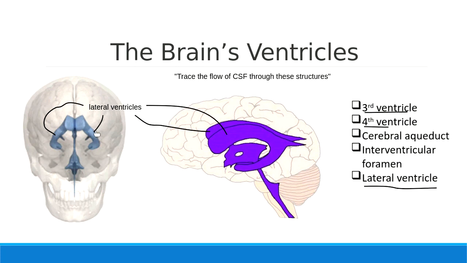So my first ventricles, where we're saying this whole story begins, we start in the lateral ventricles. The lateral ventricles have some blood vessels inside of them. Actually, all my ventricles have these blood vessels. What's the name of those leaky blood vessels that make the cerebrospinal fluid inside the ventricles?